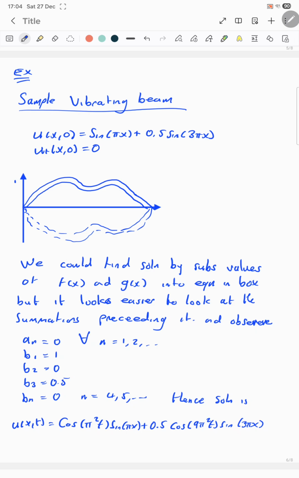Now we could find a solution by substituting values of f(x) and g(x) into the equation in the box first given, but it looks simpler to look at the summations preceding it and observe that a_n equals 0, b_1 equals 1, and so on, for all n equals 1, 2, and so on. And hence the solution is given here.